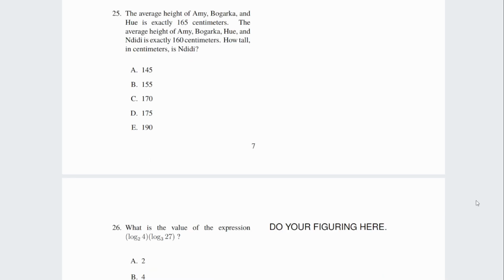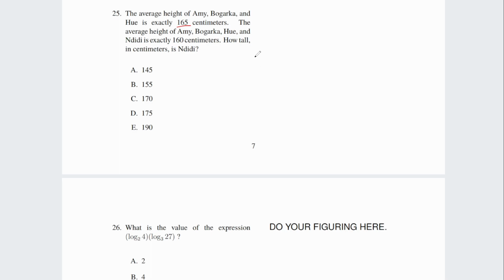Question 25 asks, the average height of Amy, Bagarka, and Away is exactly 165 centimeters. The average height of Amy, Bagarka, Away, and Ndidi is exactly 160 centimeters. How tall in centimeters is Ndidi? Okay. So we know that if the average height of Amy, Bagarka, and Away is 165 centimeters, then the total height of Amy, Bagarka, and Away is 165 times 3.